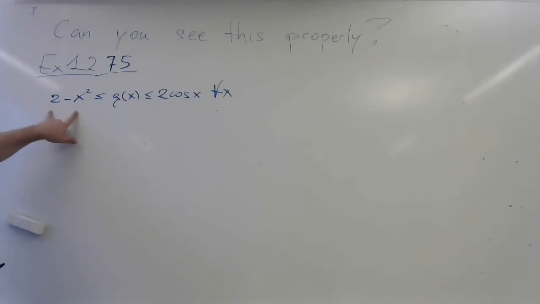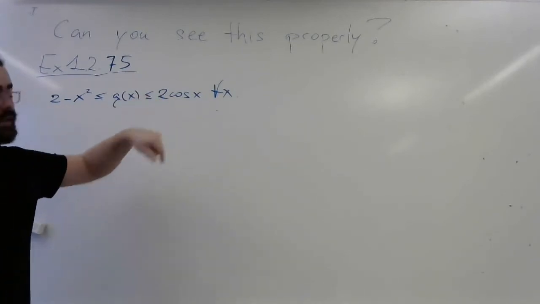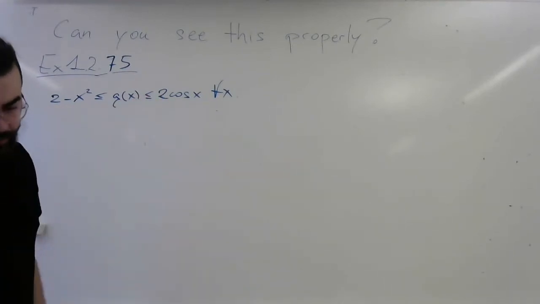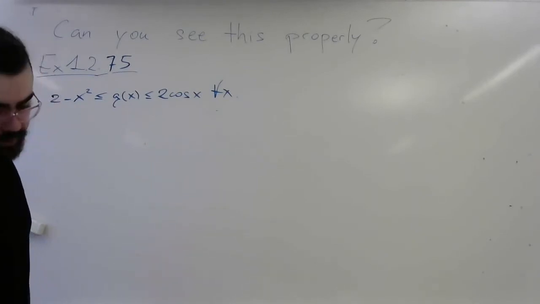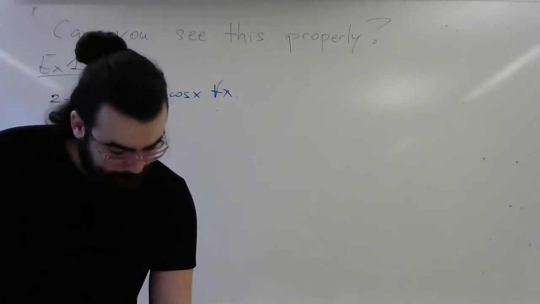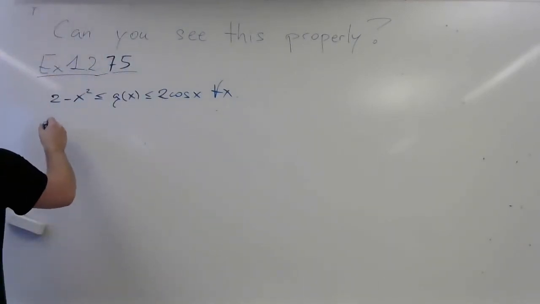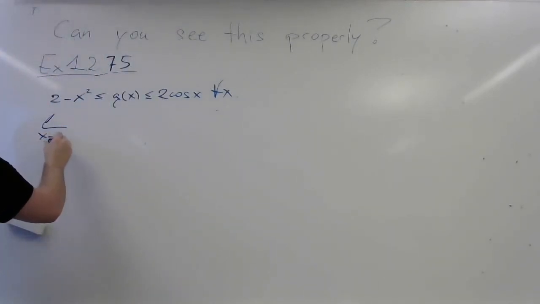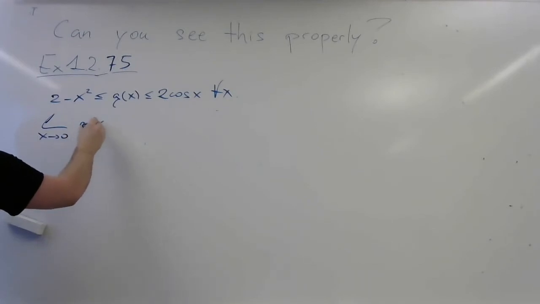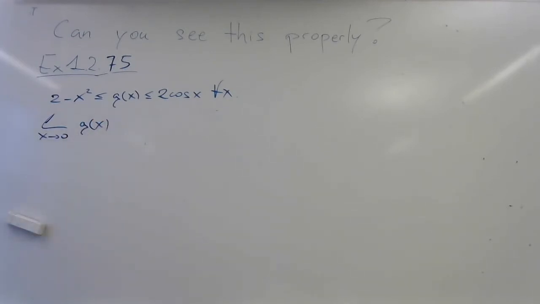It's between 2 minus x squared and 2 cosine of x squared. No, sorry, 2 cosine of x. And we are asked for the limit when x tends to 0 of g of x.